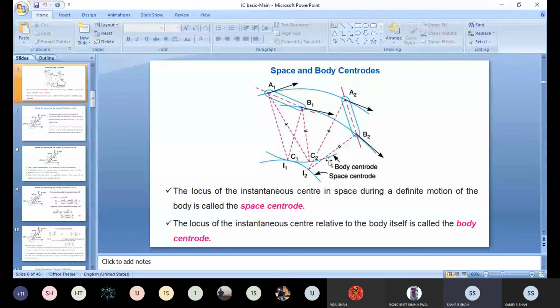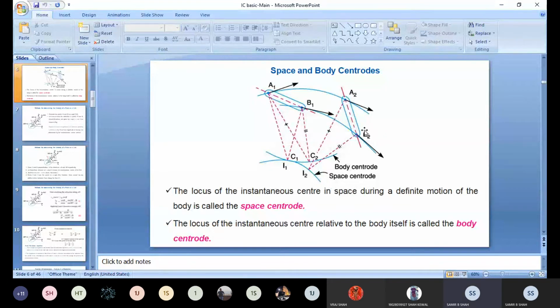Let I1 and I2 be the instantaneous centers for the two different positions A1 B1 and A2 B2 of the link A1 B1 after executing a plane motion, as shown in the figure.